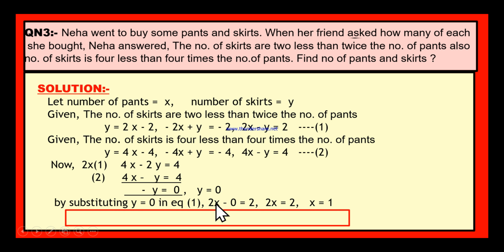And if we subtract 0 from 2x, we get 2x only. 2x is equal to 2 and x is equal to 2 divided by 2, which is 1. Therefore, x is equal to 1 and y is equal to 0. What is meant by x? x means the number of pants. Therefore, the number of pants is equal to 1 and the number of skirts is equal to 0. Is it clear, students? Good.